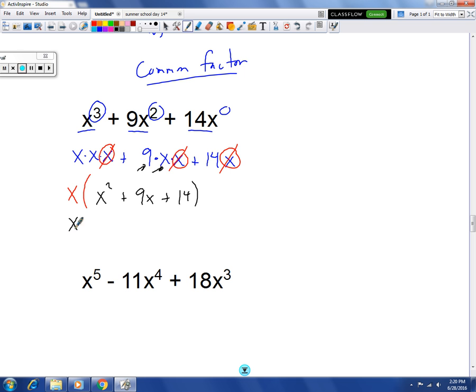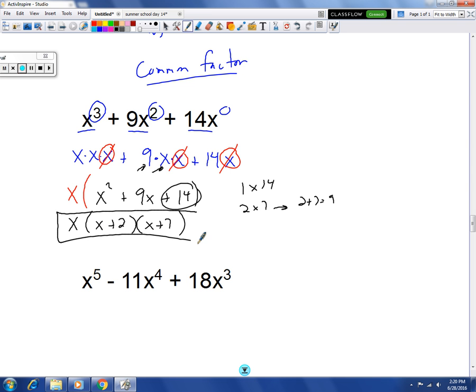Alright, well, can this be factored? 14: 1 times 14, 2 times 7, and 2 plus 7 adds up to 9. So x plus 2, x plus 7. That'd be the complete factoring.